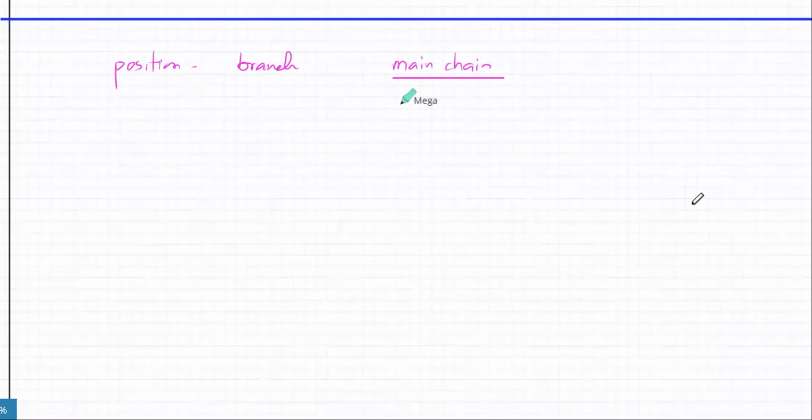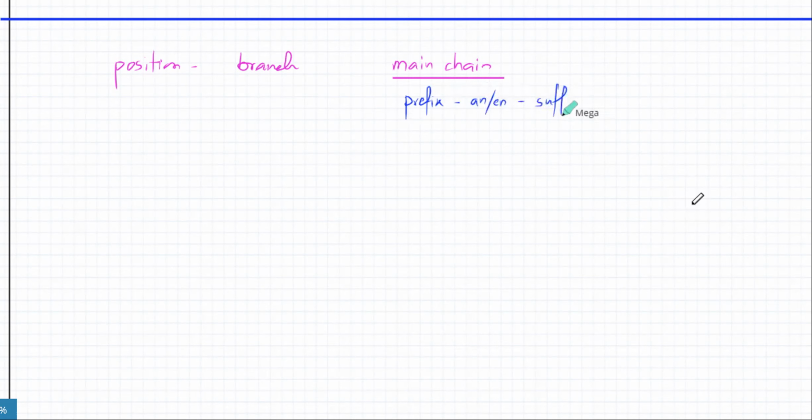We're going to bring everything together: the main chain is the prefix, the middle part is AN or EN, and the end part is your suffix, which is based on the most important group, the highest precedence group.